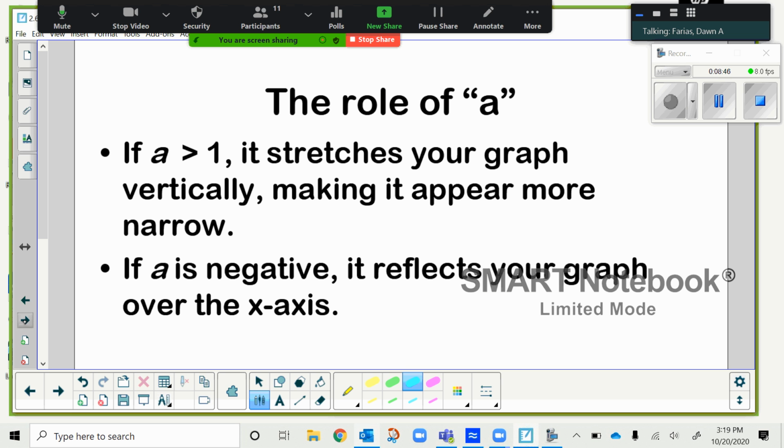If A is smaller, it makes it fatter and shorter. And if A is negative, it reflects your graph over the x-axis. If y is positive, now it would be negative. If y was negative, now it would be positive. So it's flipping your graph like this.